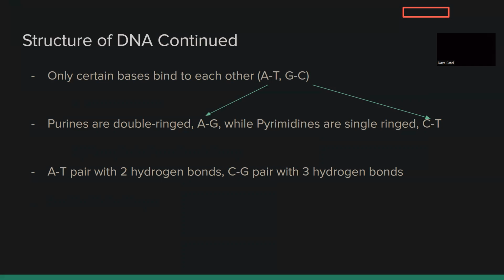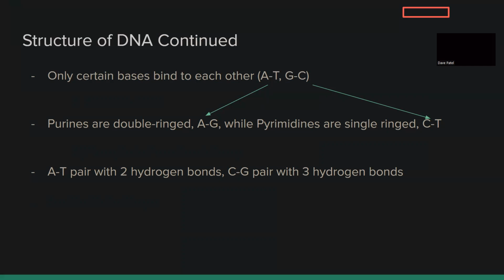In the case of adenine-thymine, they pair with 2 hydrogen bonds, and cytosine-guanine pair with 3 hydrogen bonds. An easy way to remember this is that they're in the same order as the actual base pairing rules: adenine-thymine, cytosine-guanine. So just 2 plus 1 equals 3. That's pretty easy to remember.